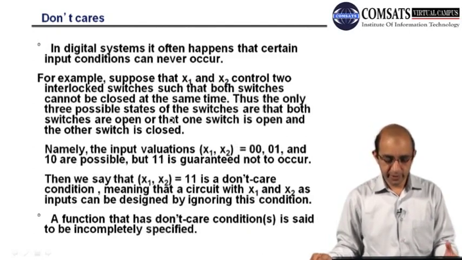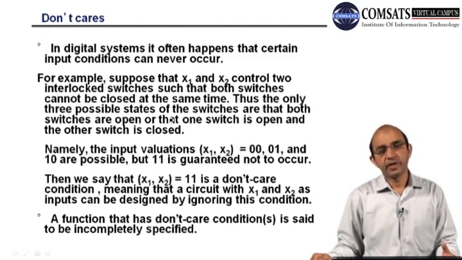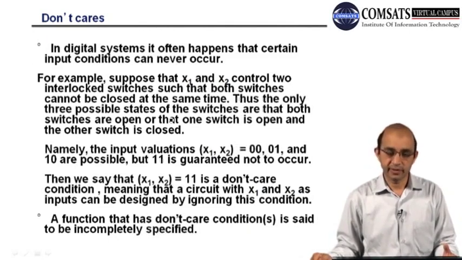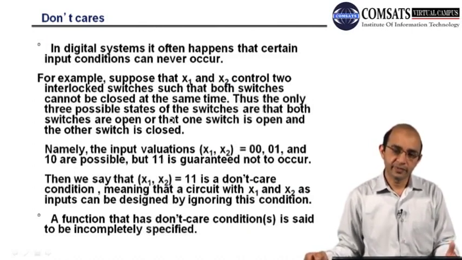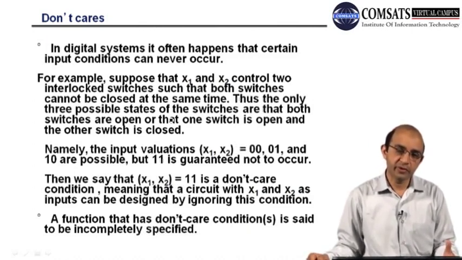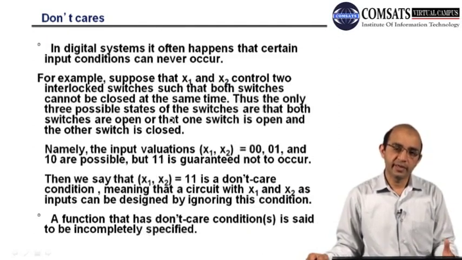That's the scenario where we can declare 1-1 as a don't care. We can use that 1-1 combination accordingly if it can benefit us from the simplification point of view. We will consider it as we want.